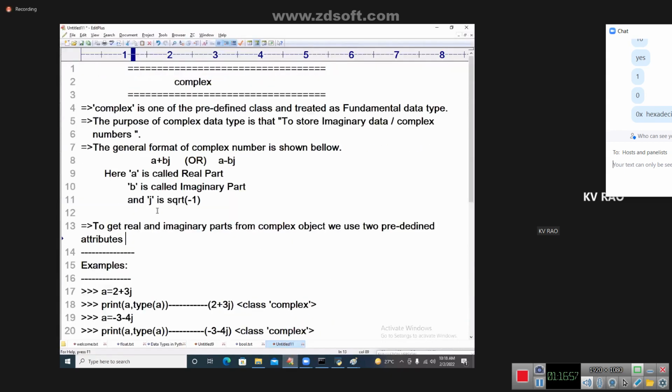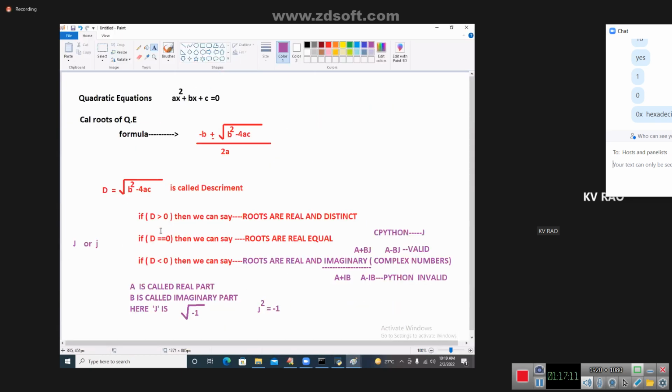Kumar Babu, I already told you here. The purpose of the complex data type is to store imaginary data. I explained this concept for a long time. In the mathematical representation of data science and artificial intelligence, we come across this type of calculation many times.